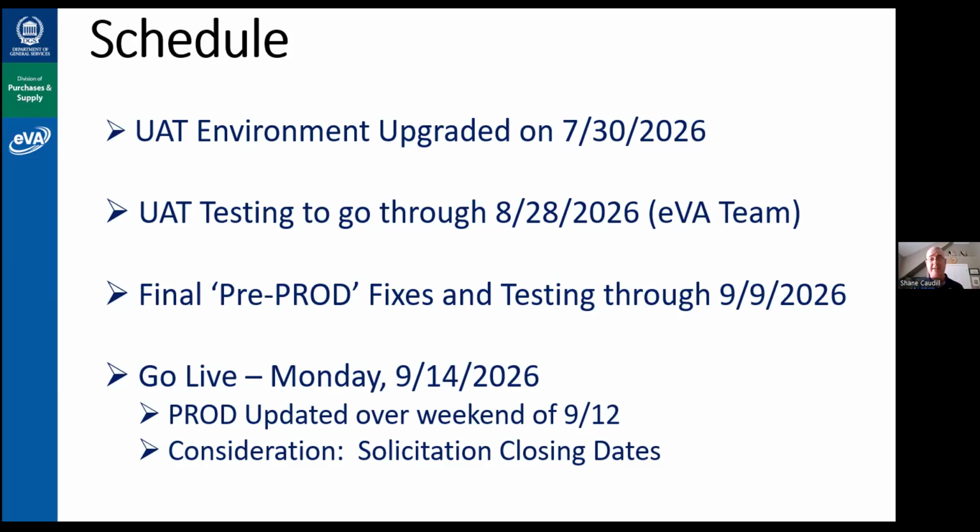Let's say the weekend of the 14th holds and that ends up being our production cutover weekend. We may take the environment at 5 p.m. on Friday. We may take it a little bit earlier on Friday, so that would be September 11th. Just something to think about for solicitation closing dates. And again, we'll do some messaging and get some notes out to you guys as we lock in on these dates.